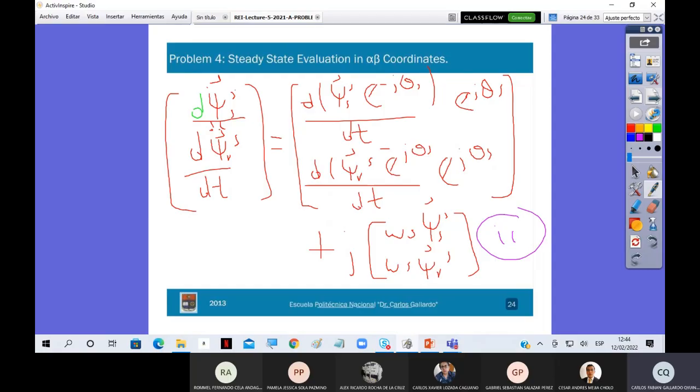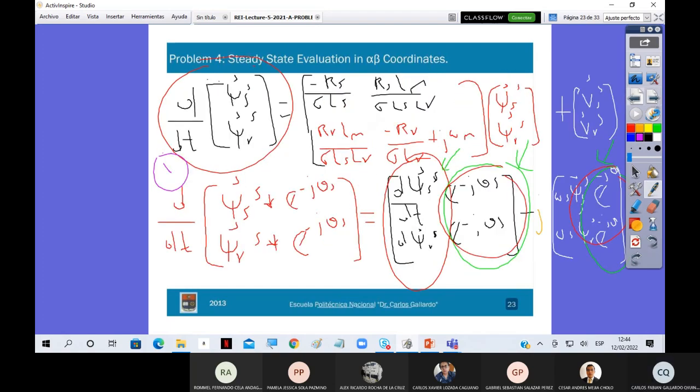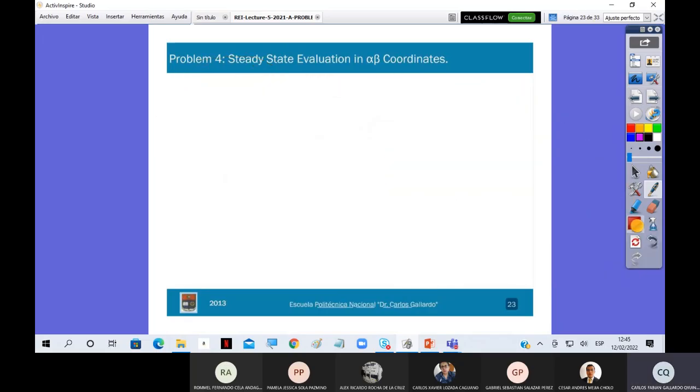Okay, so for this case, substituting equation number 1 into equation number 2, I will get the following equation. I will have the derivative of the stator flux space vector, rotor flux space vector.